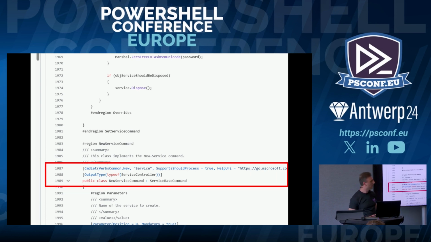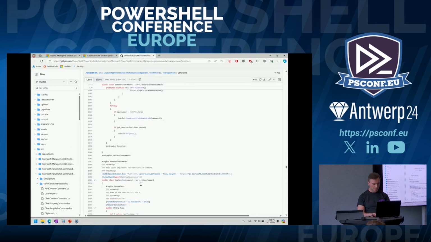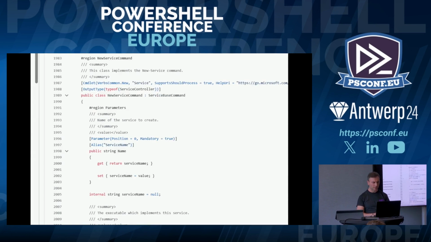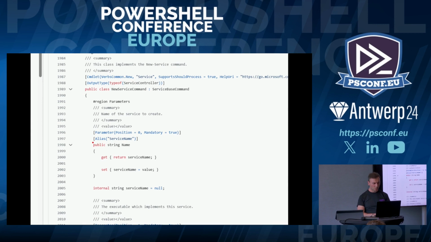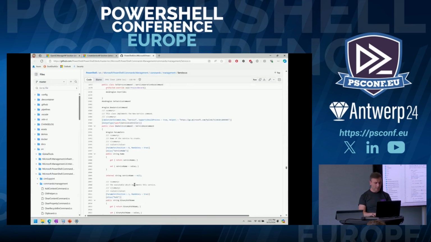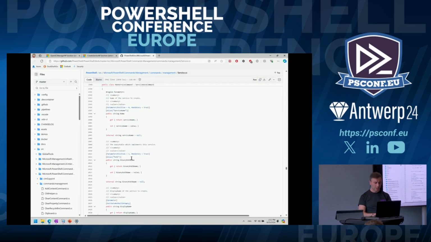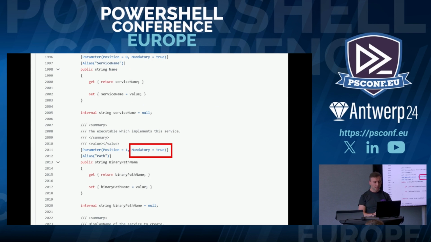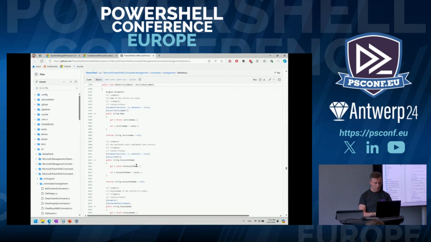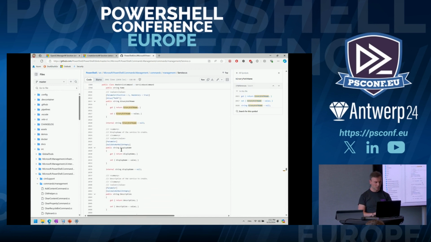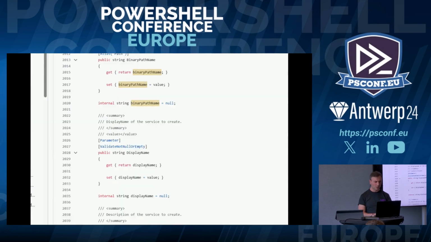So first, we have a cmdlet. Then if I scroll slightly down, I can see the parameters. So parameter one, Name, of course, is a mandatory parameter every time. Then the next parameter, also mandatory, you can see it, Mandatory = true, is BinaryPathName. Then DisplayName, which is now optional.